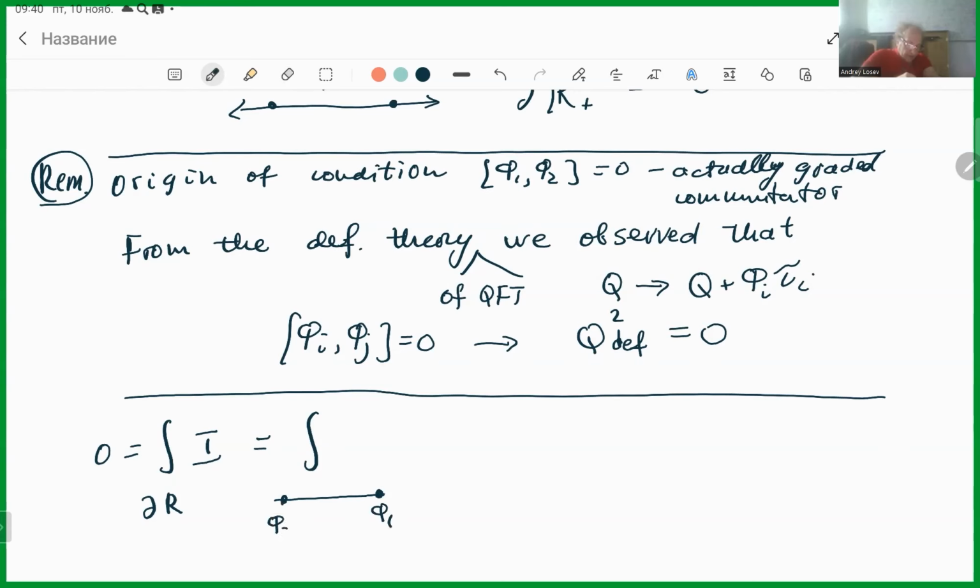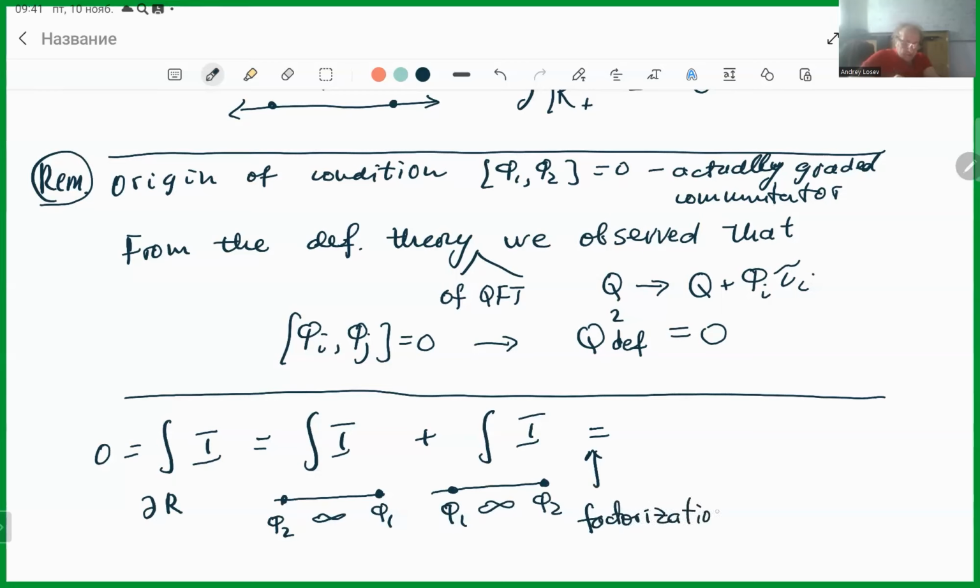Phi1, phi2, infinite distance. Phi 2, phi 1, infinite distance. Now I use factorization. So it is actually a point.